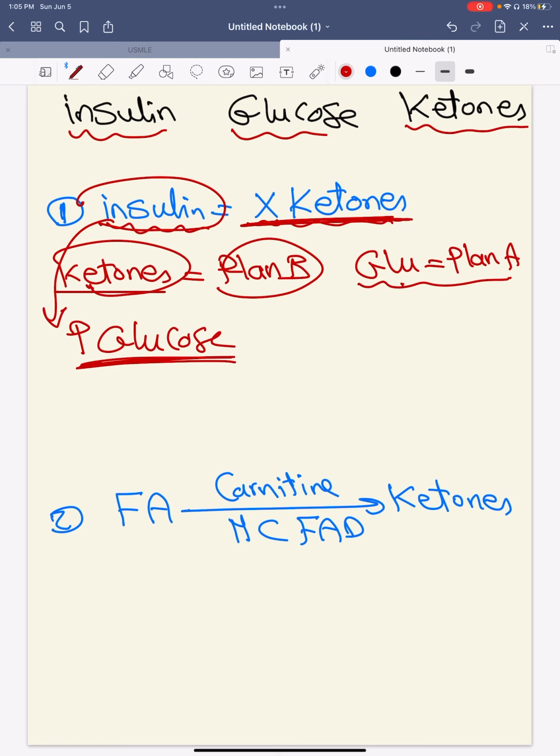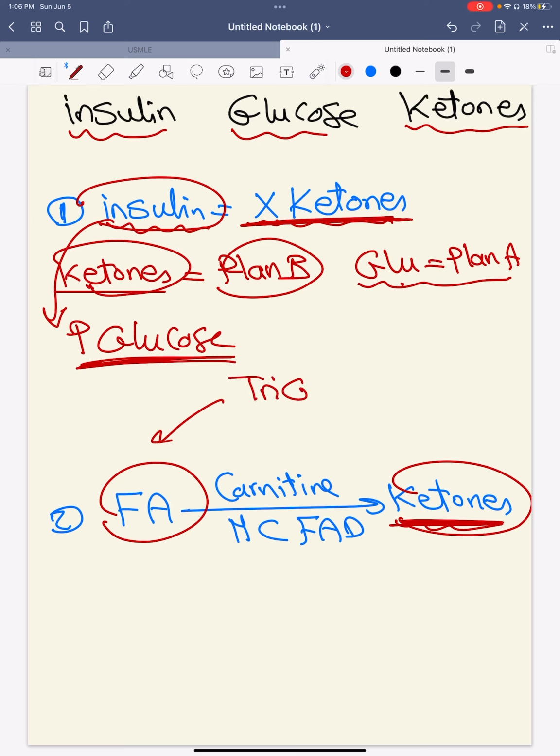Rule number two: where do you get those ketones? Ketones come from fatty acids, and fatty acids come from triglyceride, or TAG, whatever. So free fatty acids convert to ketones, and in order to do that, you need two enzymes. First, carnitine.